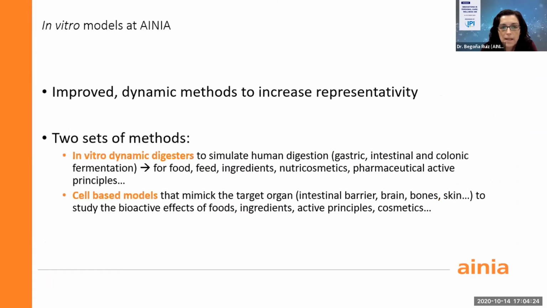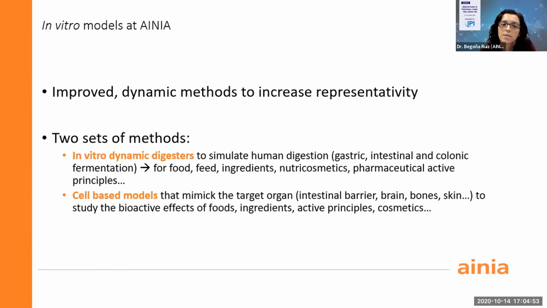What we have in INEA are improved dynamic methods, because in vitro testing is usually not so representative, and we have worked to improve those in vitro methods to make them more representative of what is happening in the human body. And we use two sets of methods. First of all, the in vitro dynamic digesters to simulate the human digestion, both at gastric, intestinal, and colonic fermentation levels.